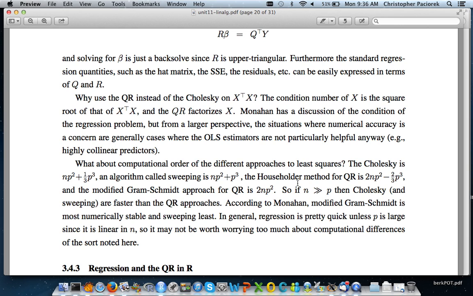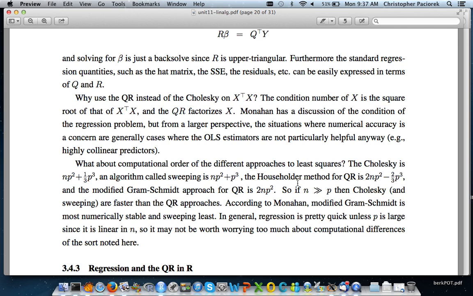One reason for doing the QR decomposition is that if you think about numerical accuracy in this context, the condition number of X transpose X is basically the square of the condition number of X. So QR allows us to do the factorization on X, and that gives us a condition number that is the square root of what we'd get if we did the factorization on X transpose X. So that's a benefit in doing the QR on X, and then doing the calculations that I just indicated, as opposed to explicitly multiplying X transpose X and then doing something like the Cholesky decomposition. So there are numerical reasons for doing that.